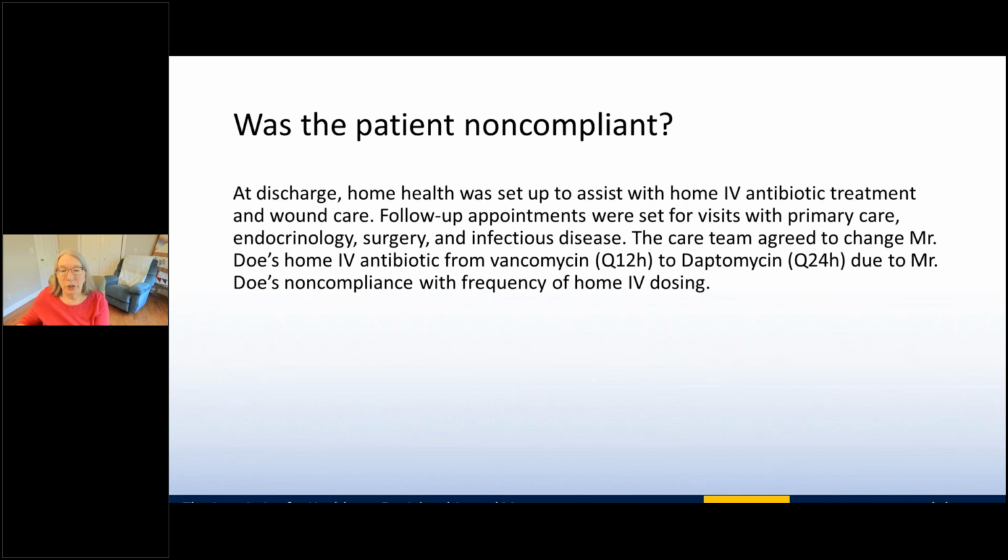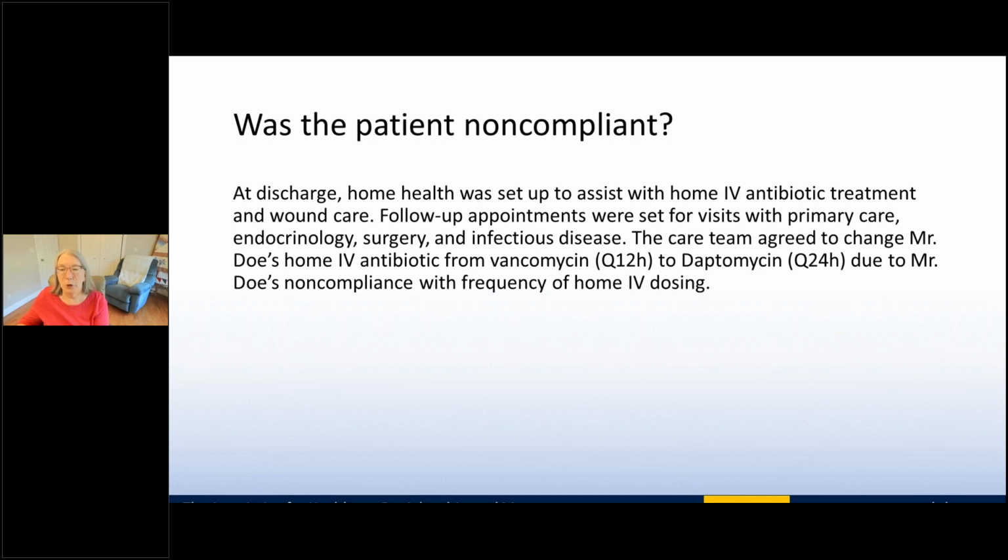At discharge from the first admission, home health was set up to assist with home IV antibiotic treatment and wound care. Follow-up appointments were set for visits with primary care, endocrinology, surgery, infectious disease.